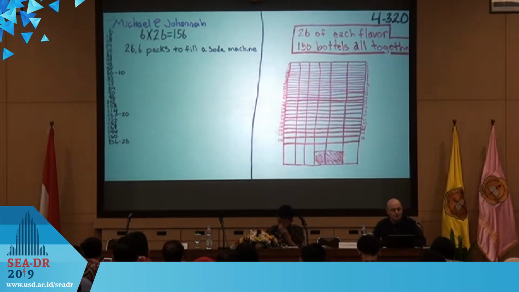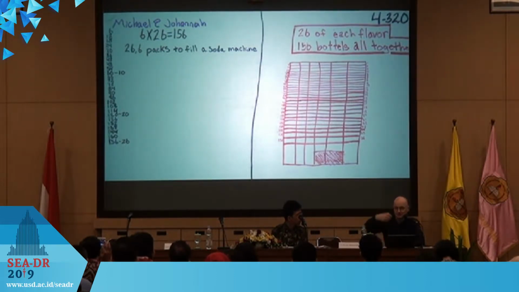Now, Michael and Johanna solved both problems totally differently. For one problem, the 6 packs, they added up 6, and they repeated, not really as an addition, but as a table.